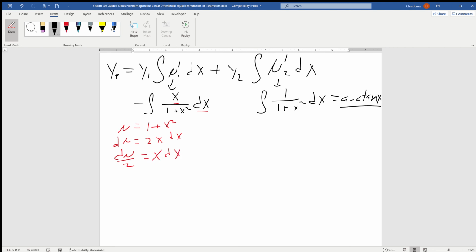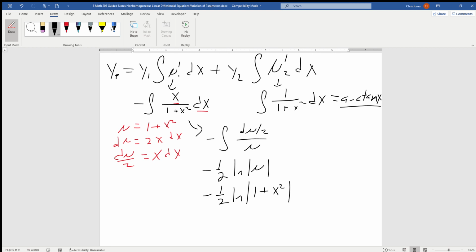And so this now becomes the opposite of the integral of (du/2)/u, which is going to be the natural log of u times negative 1/2. So I'm going to pull that 1/2 from the du/2 out. We're left with ln|u|. Remember, u was 1 + x^2, so we get minus 1/2 natural log of 1 + x^2.